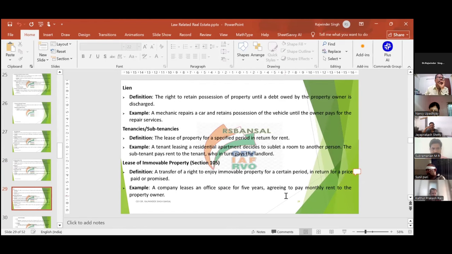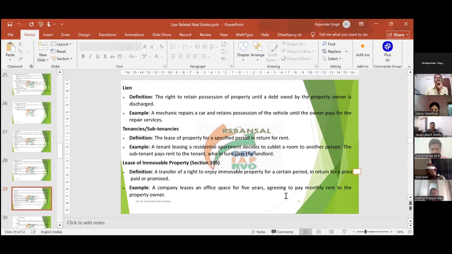And lien is the right to retain the possession of the property until debt owed by the property owner is discharged. For example, a mechanic repairs a car and retains the possession of the vehicle until the owner pays for the repair services.